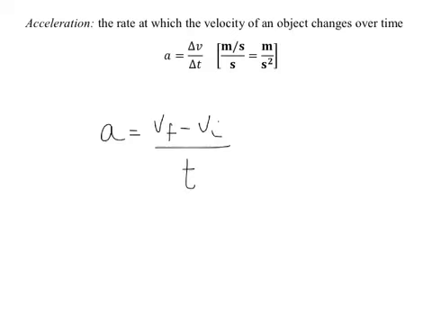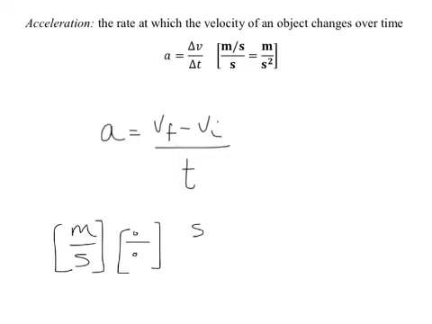Notice the units. The units of velocity up here are meters per second. The units of time are seconds. So we end up having meters per second divided by seconds. That's what this really says up here. Meters per second divided by seconds. So when you divide, remember to multiply by the reciprocal.